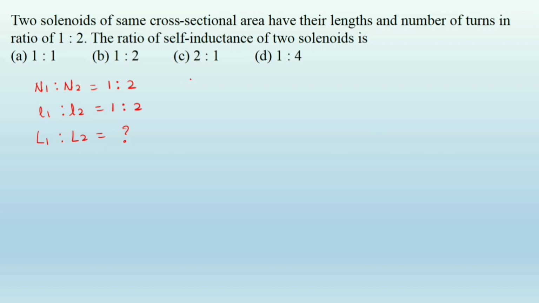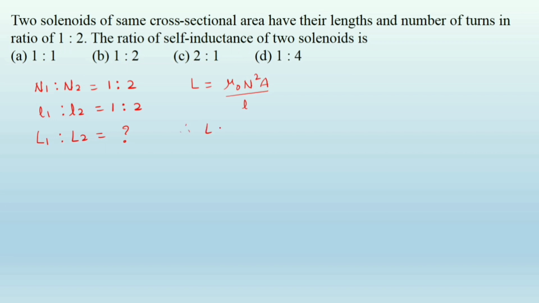We have the equation for self-inductance, that is L equal to mu naught N square A divided by l. Here mu naught is absolute permeability, it is constant. Area, here the cross-sectional area of the two solenoids is the same. In this equation, mu naught and A are constant.